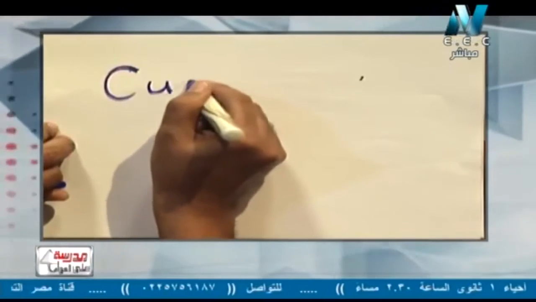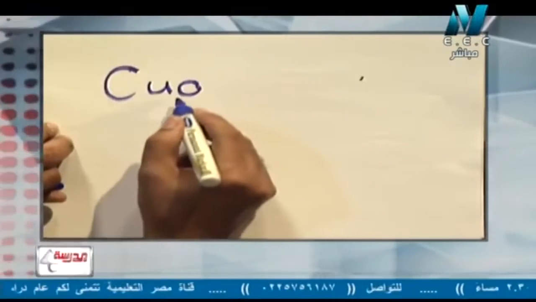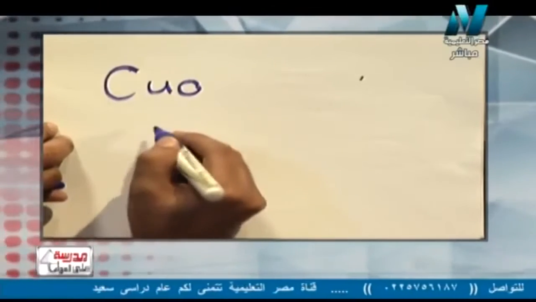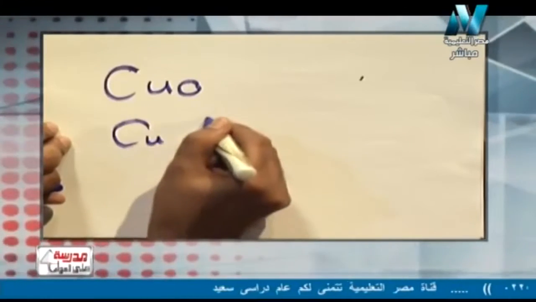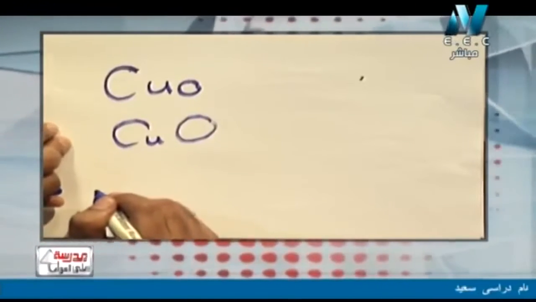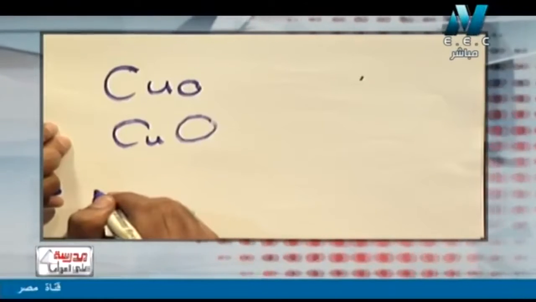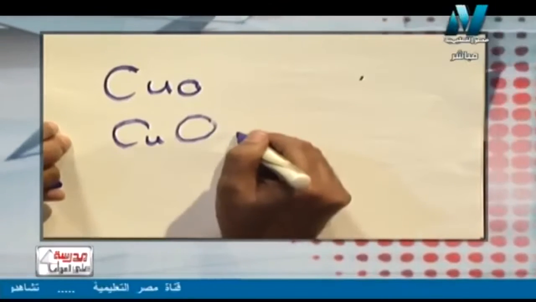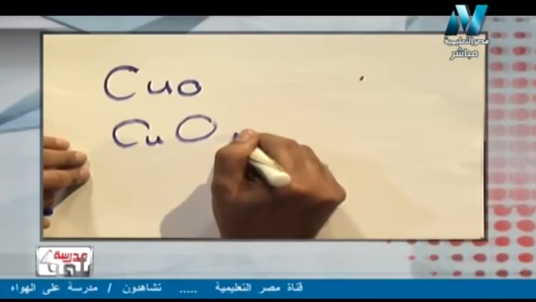Can I write copper oxide like this, with O small? No, because oxygen is an element with only one letter, and it is a must to write it as a capital letter. Very good, Mr. Muhammad.